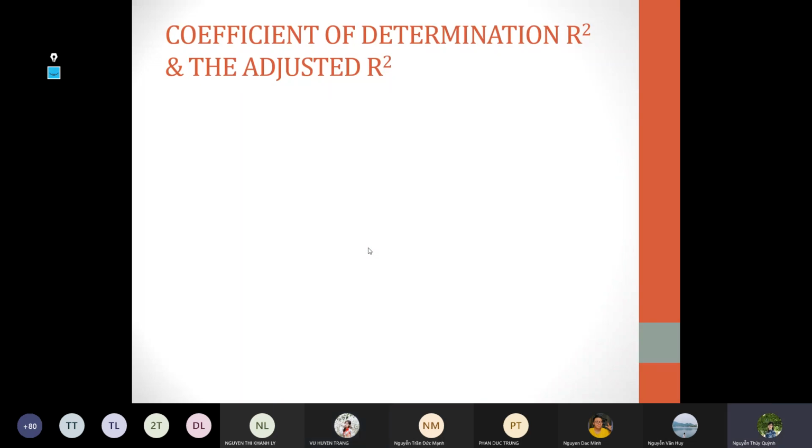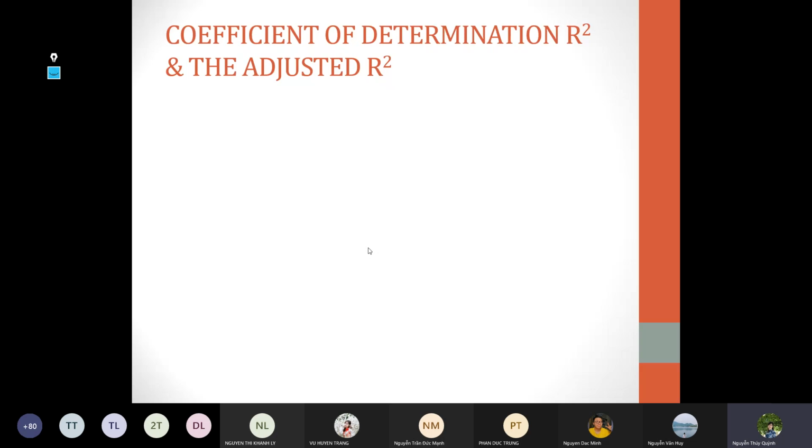Right, it tells us about the proportion of the variation in the value of the dependent variable that is explained by the one independent variable for two variable regression.